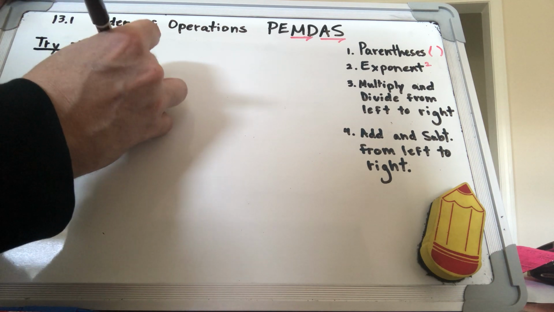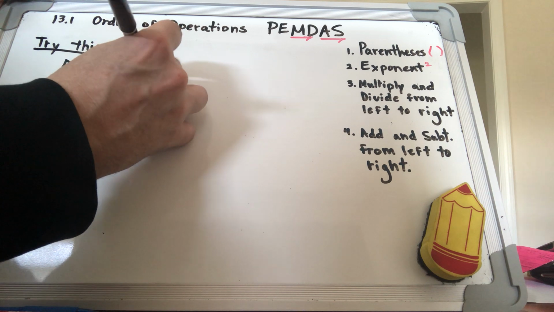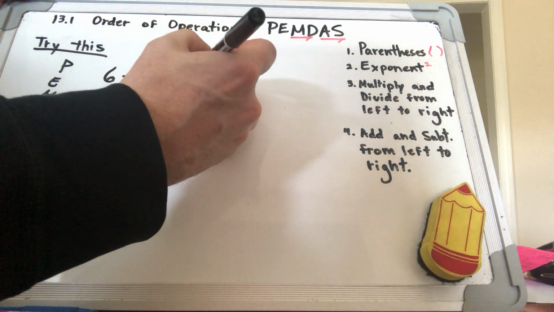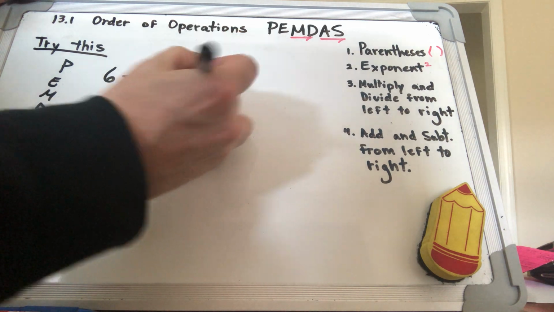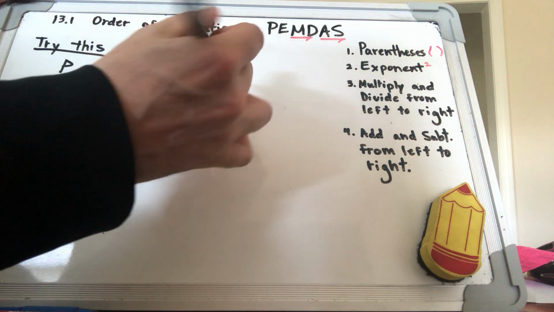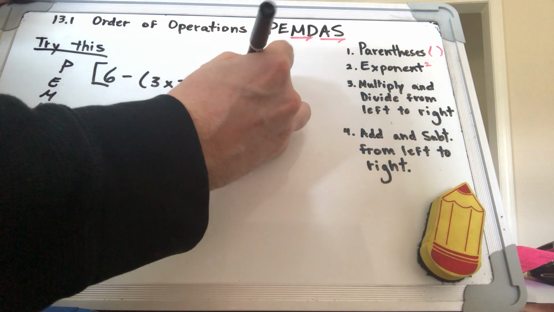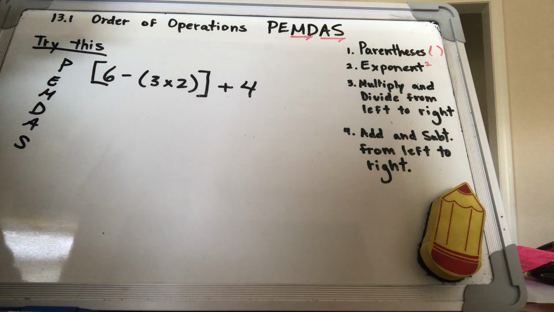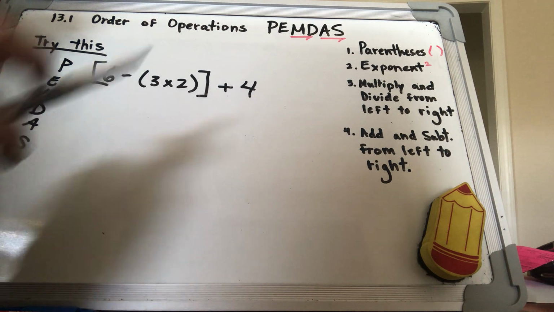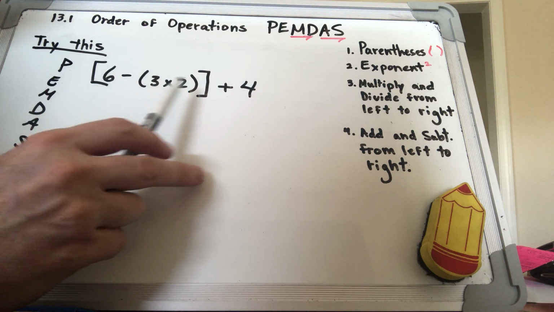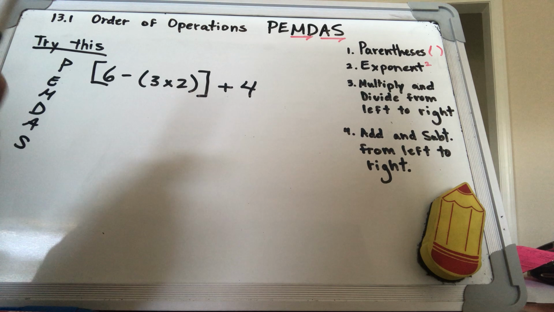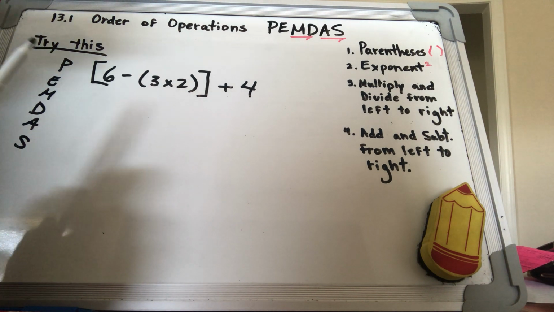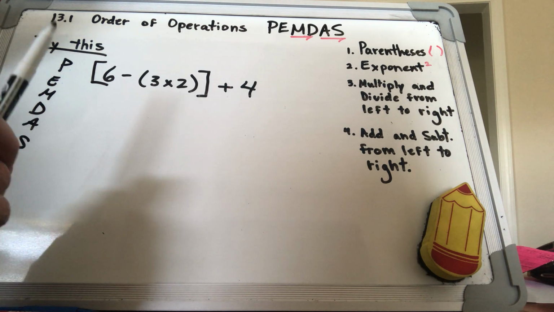This is new. 6 minus 3 times 2 plus 4. Okay. So some of you are looking and saying, I've never seen these before. Well, those are called braces. We have brackets, braces, and parentheses.